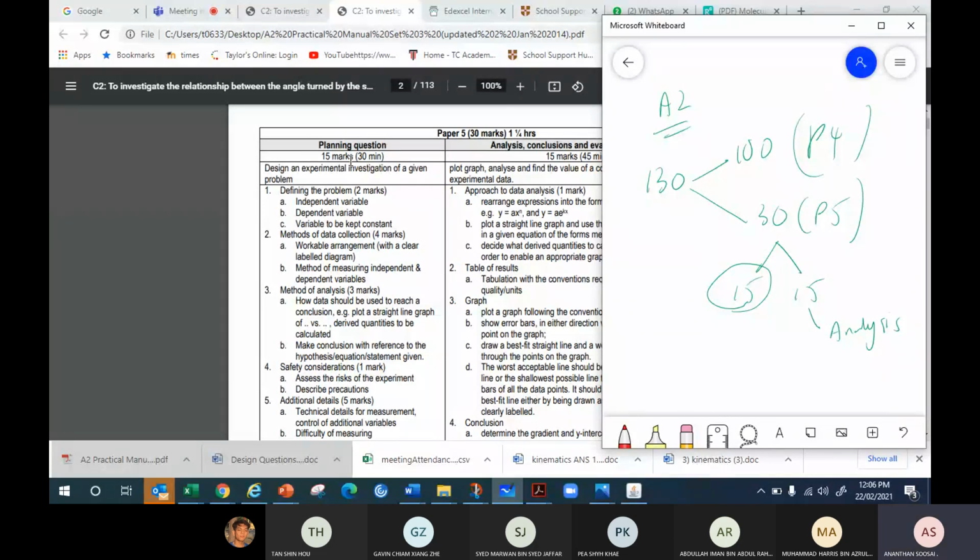Design an experiment. The last question is like this: how pressure affects the speed of sound. Design an experiment. That's the only question.